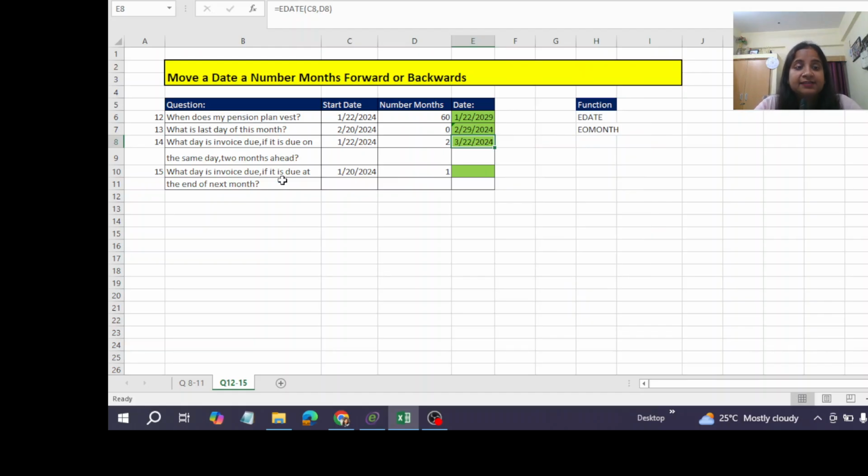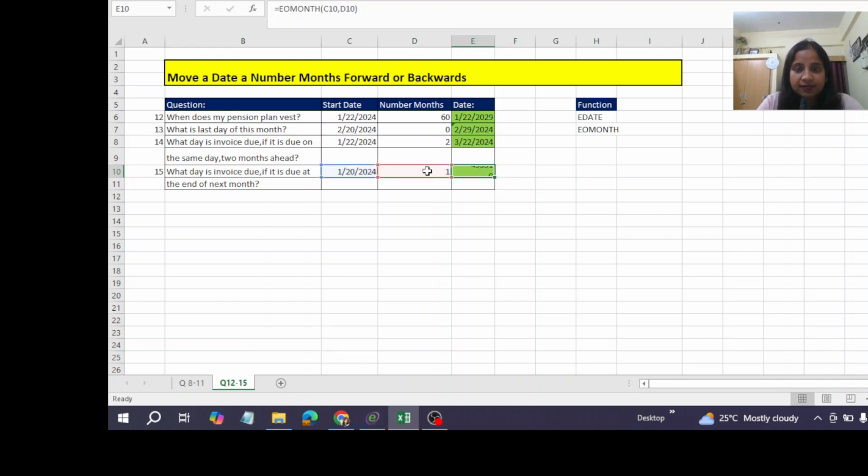What day is invoice due? Okay, this we have done. What day is invoice due? If it is due at the end of the next month. Here again the same function of EOMONTH, start date, comma, and the months.